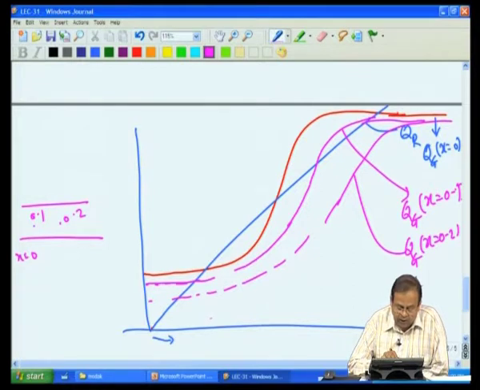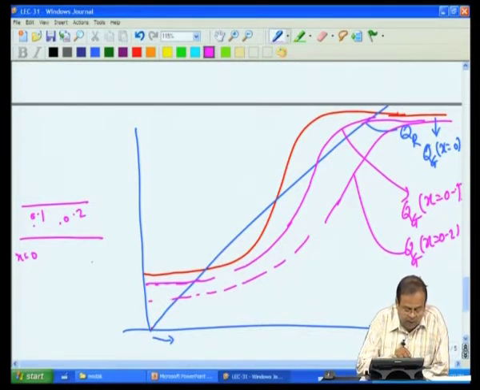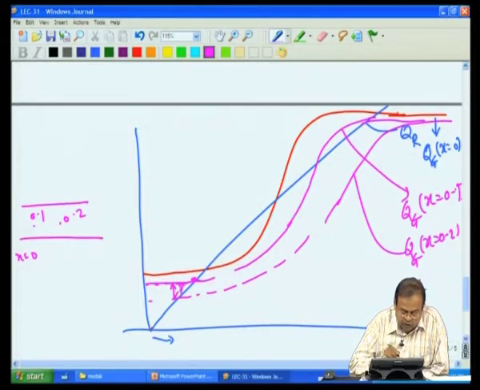So, now let us consider a situation where I am somewhere in between these two regimes. So, what will happen? My generation rate has come down, but still I will be near this operating point and my difference is still narrowing.